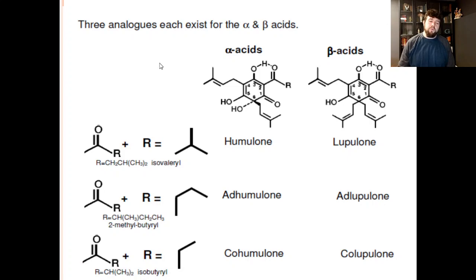This is what makes the difference between humulone, adhumulone, and cohumulone for alpha acids, and lupulone, adlupulone, and colupulone for beta acids. The only core difference is this extra chain that beta acids have. Some hop producers have tried to modify the chemistry of hops to cleave it off and turn beta acids into alpha acids, but that's something for another day.